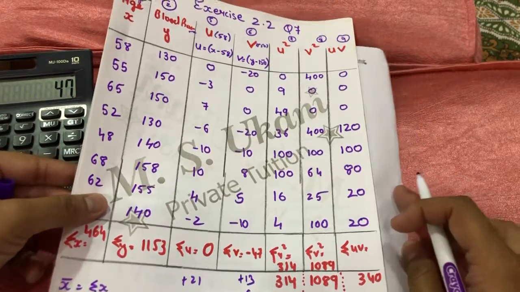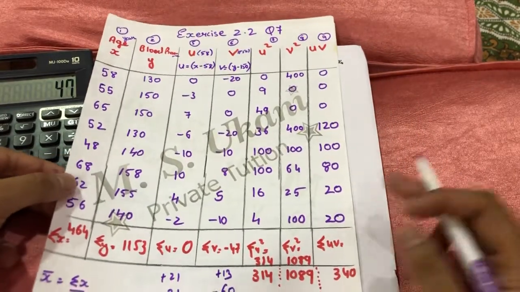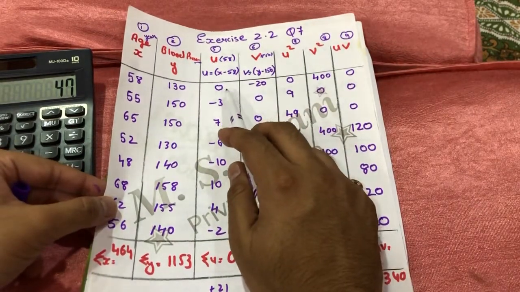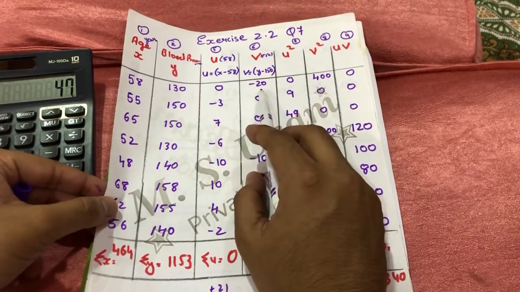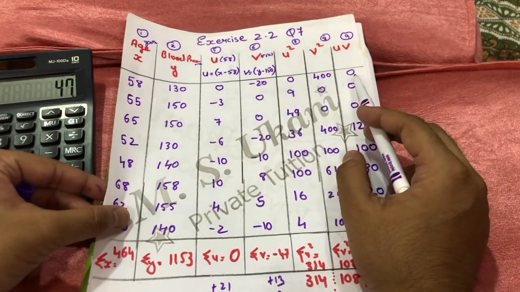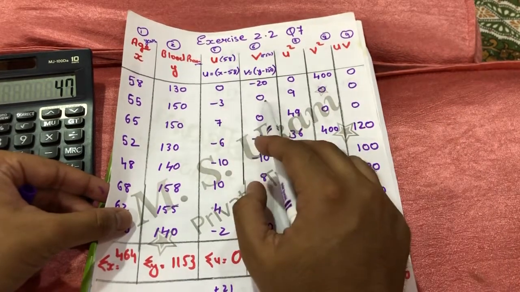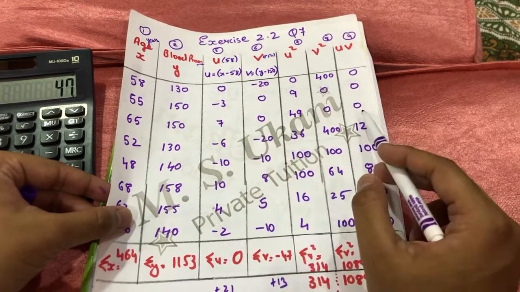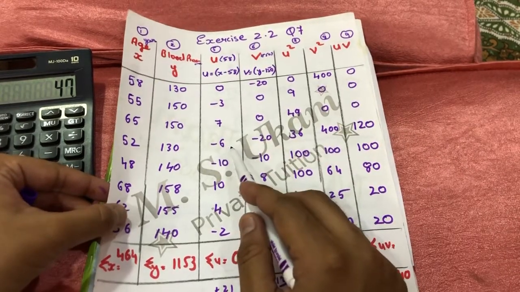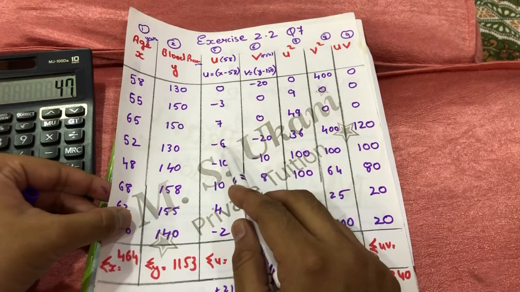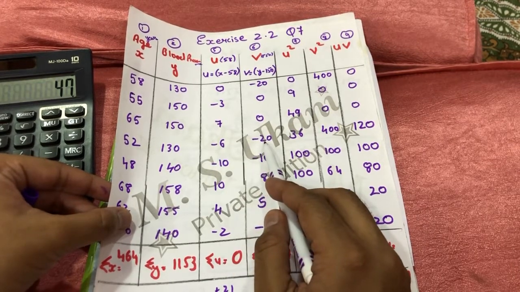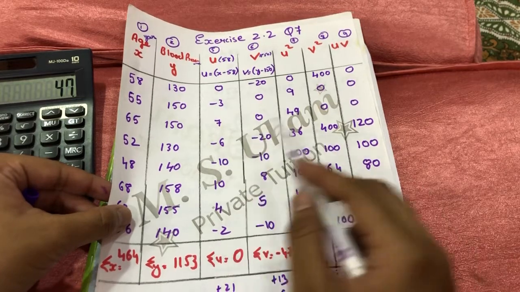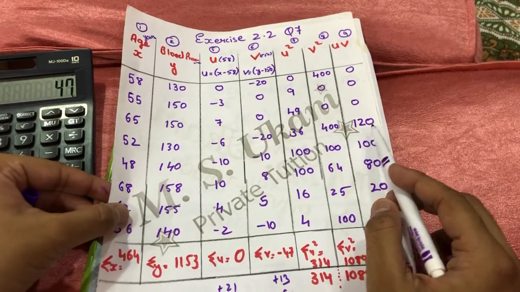Now the last column, that is uv. So for uv, we have to multiply the column u and v. 0 multiplied by minus 20, our answer will be 0. Minus 3 multiplied by 0, 0, 7 multiplied by 0, our answer 0. Again, multiplication, minus 6 multiplied by minus 20. First of all, we have to multiply 20 multiplied by 6, our answer is 120.